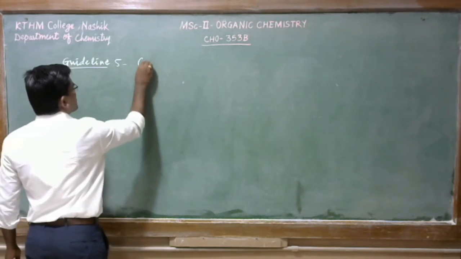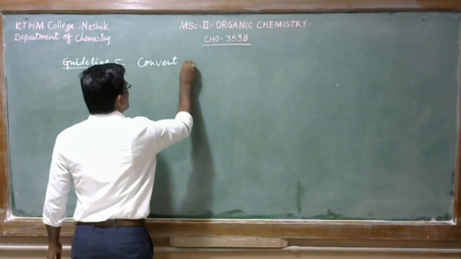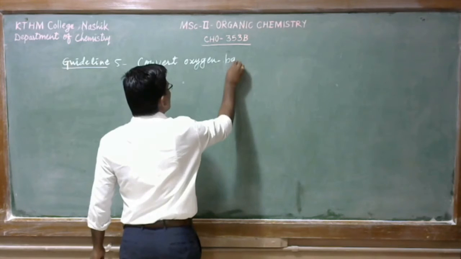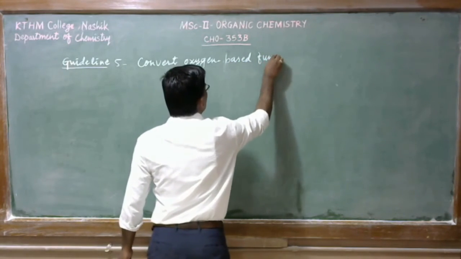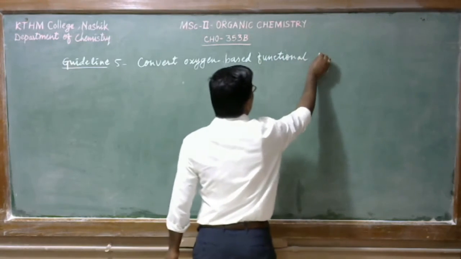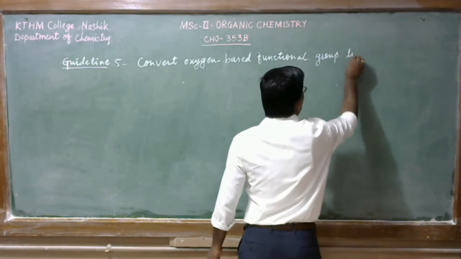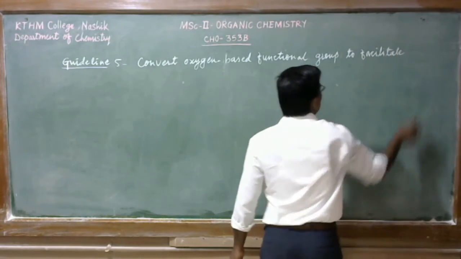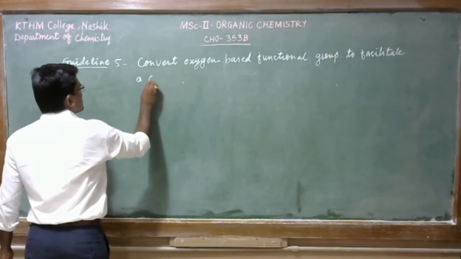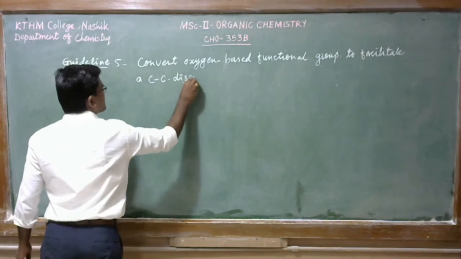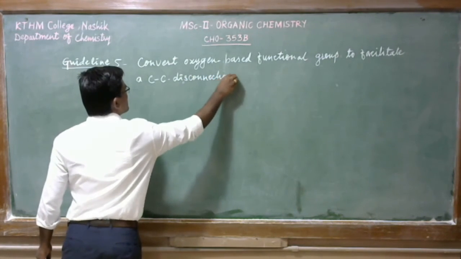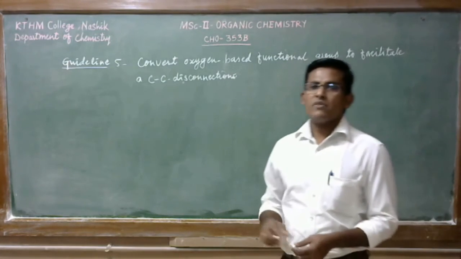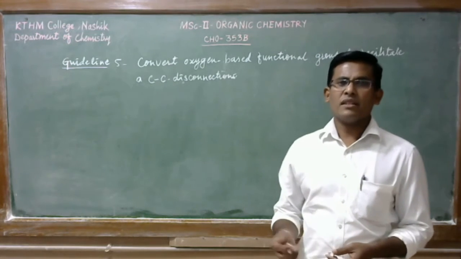Guideline 5: convert oxygen based functional group to facilitate a carbon-carbon disconnection. Okay, so this is our fifth guideline.